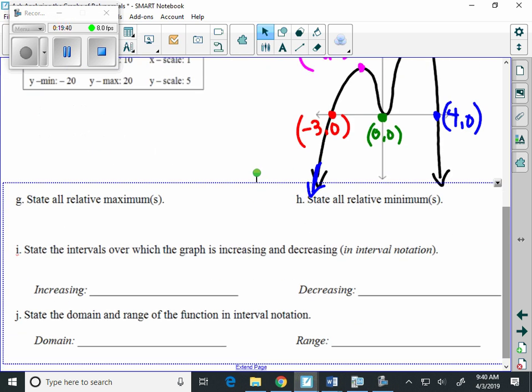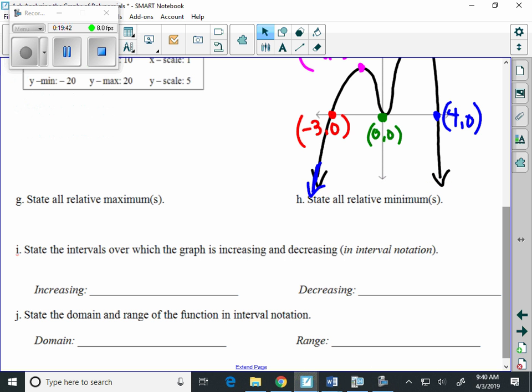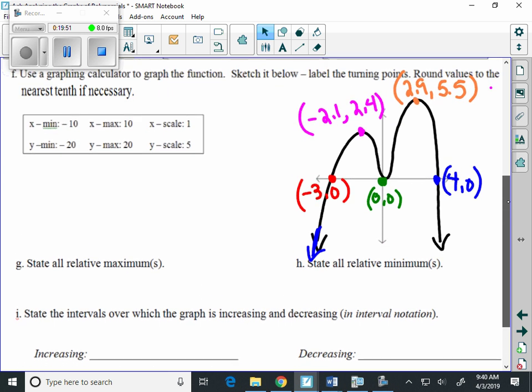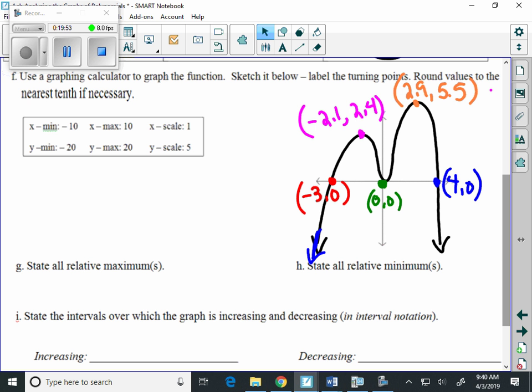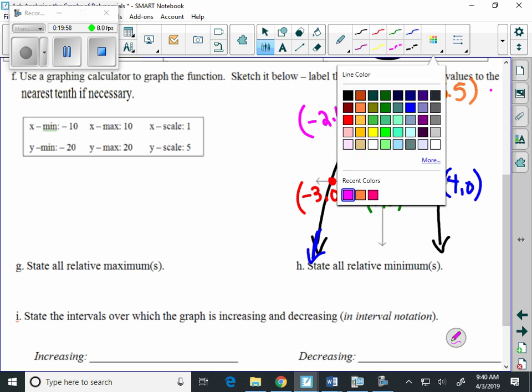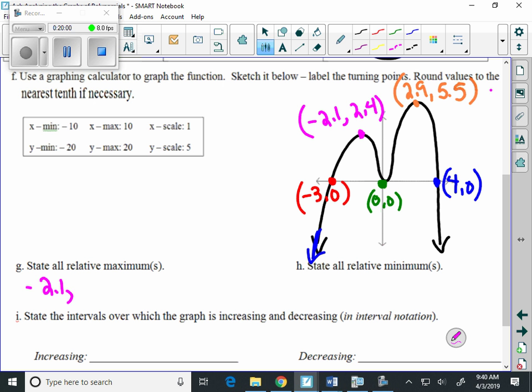And now that's going to let us answer a lot of the rest of this picture here. And it says, state all relative maximums. And actually the 2 points that we just found are our relative maximums: the negative 2.1, 2.4, and the 2.9, 5.5.